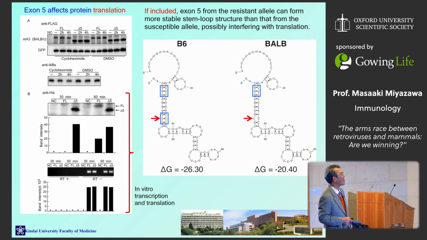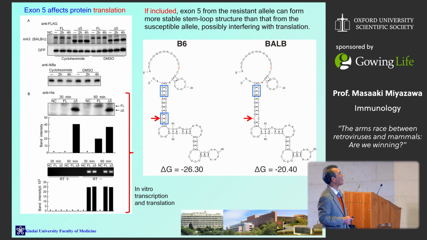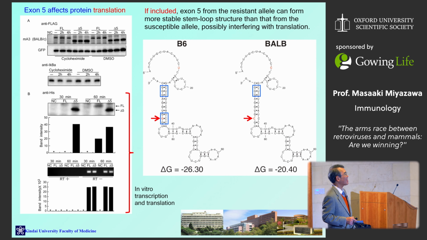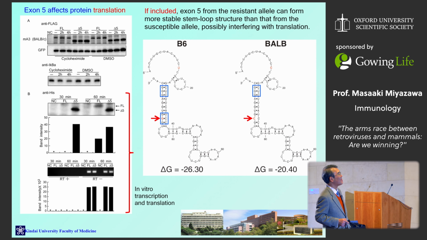And this is caused by more efficient translation of exon 5 lacking messenger RNA, because when the messenger RNA contains exon 5, it causes a more stable higher order structure of the messenger RNA.